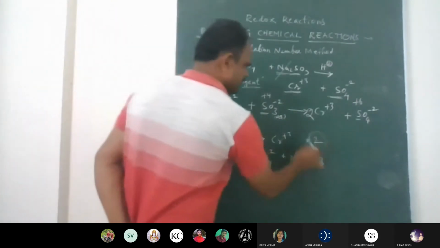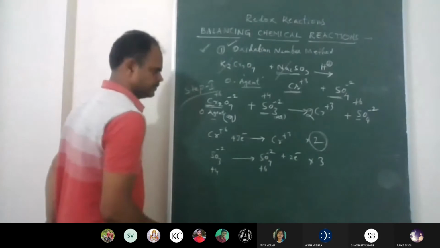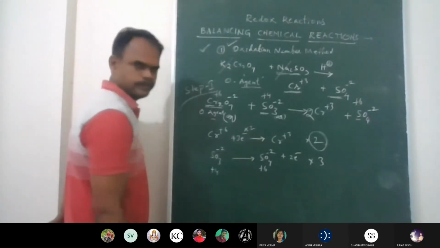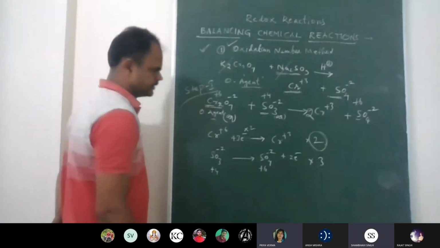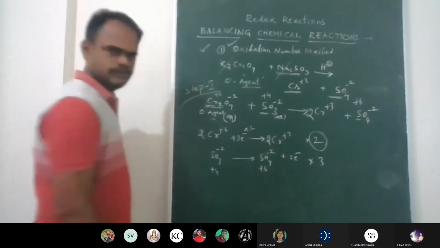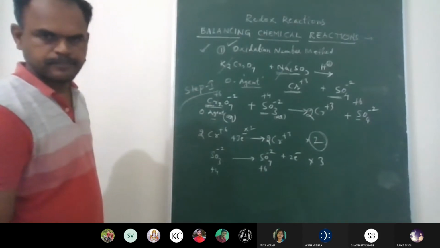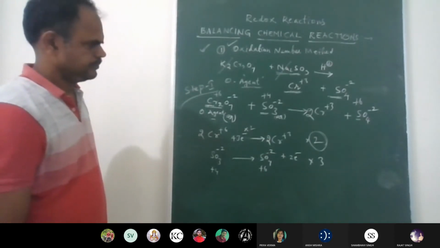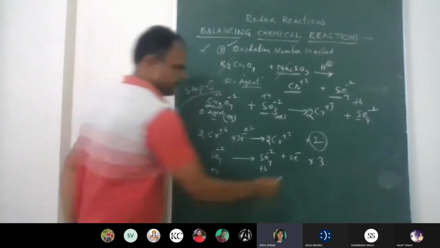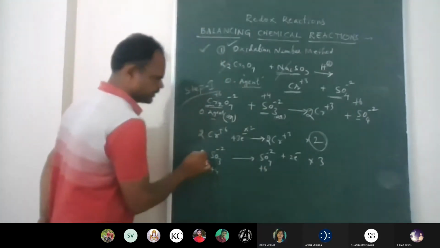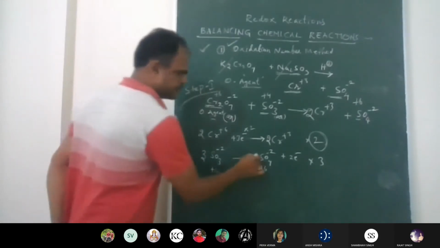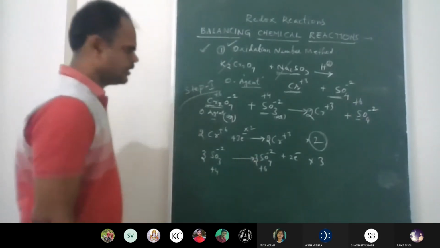See, if I balance with the 2 integer, 3 into 2 how much will come? 3 into 2, 6. 6 will come. Then 2 here, 2 I am keeping balanced. And here is sulfate. If I write 3 sulfide, 3 sulfide balanced now.